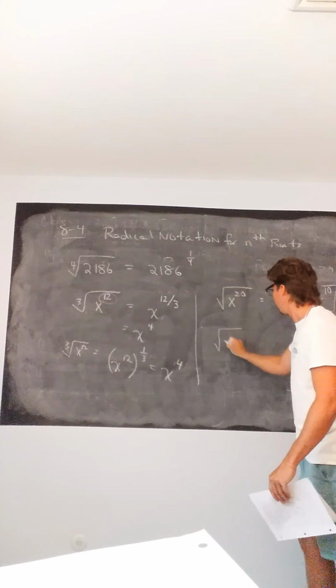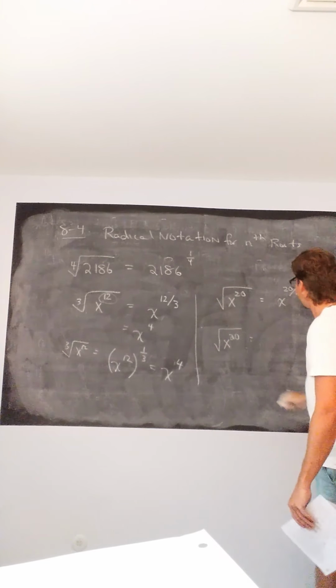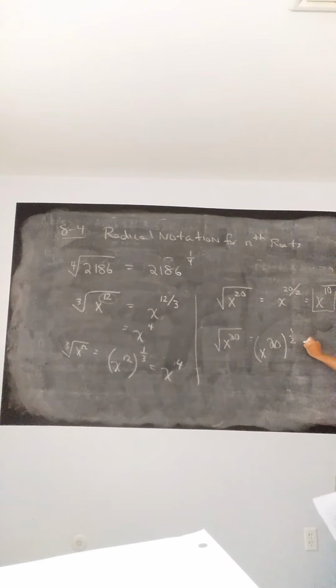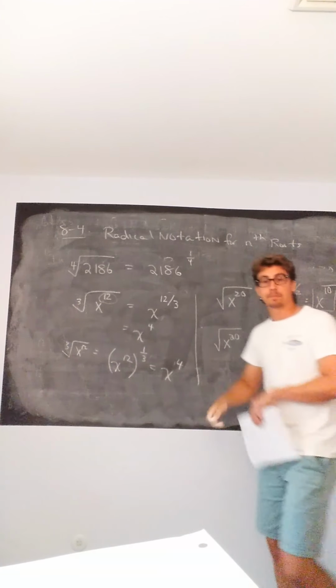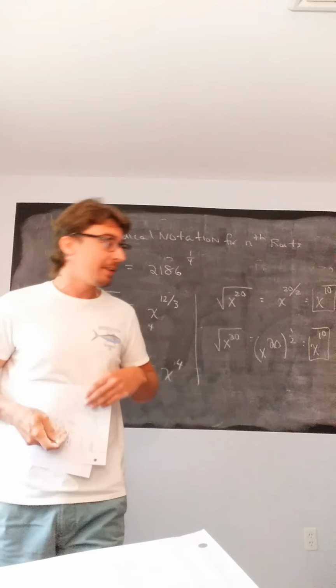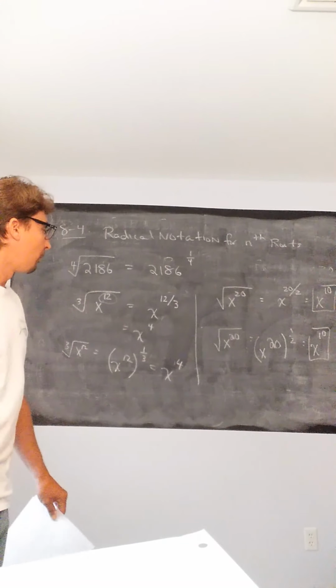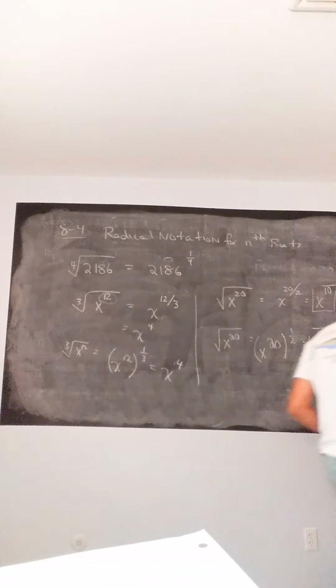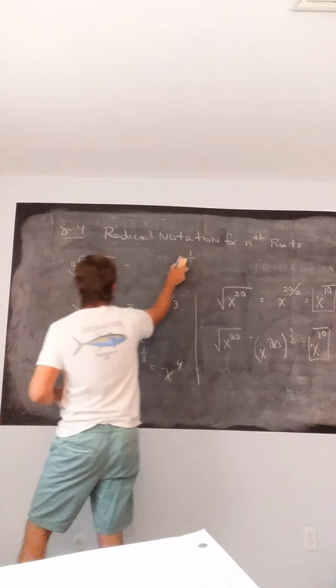Well, if we start off with the square root of x to the 20th again, we can write that as x to the 20th raised to the 1/2, and that would still give us x to the 10th power. So just like Burger King says, have it your way, either of those will obviously work. It's just how you like to interpret the meaning of the radical.